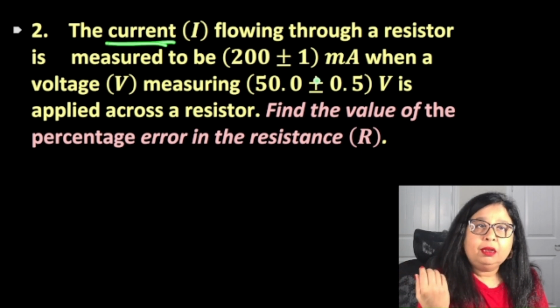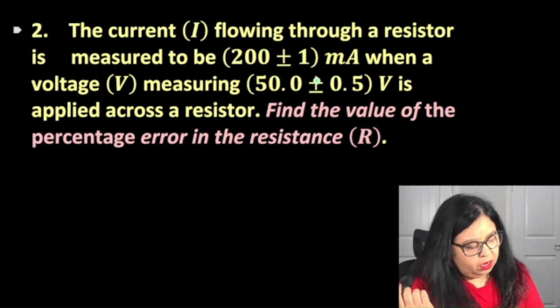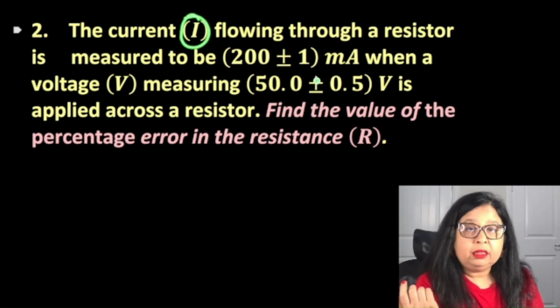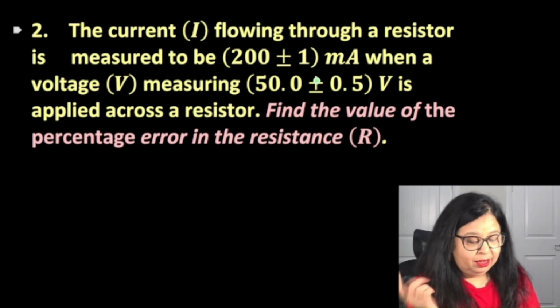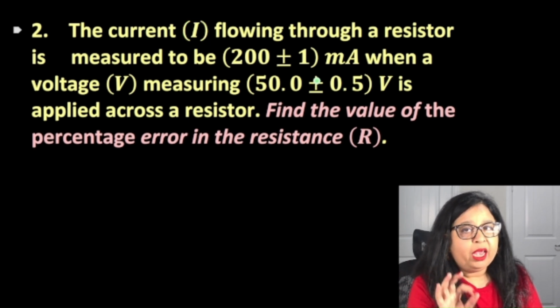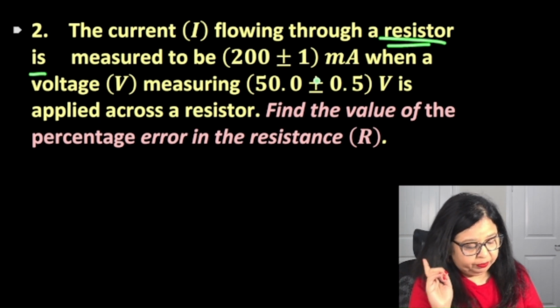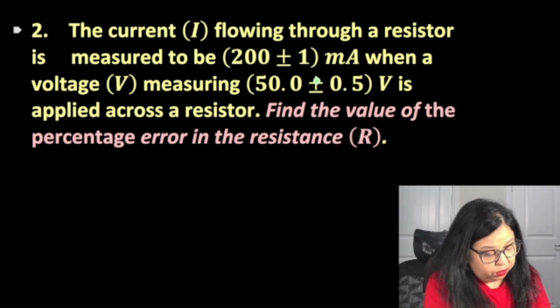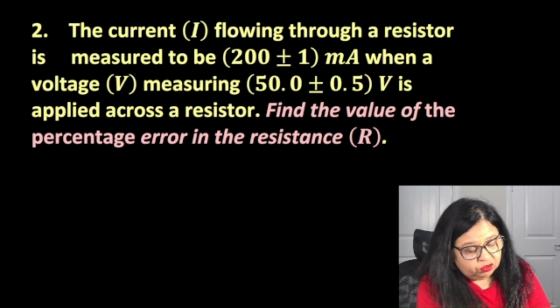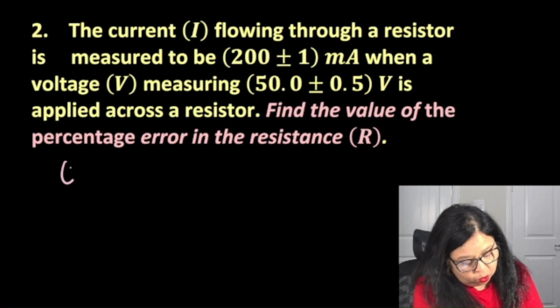I mean, sure, maybe you do not know that the symbol for current is I, but surely you have heard of electric current before. Resistor, we just learned about resistor. So this particular problem is based on something called Ohm's law.